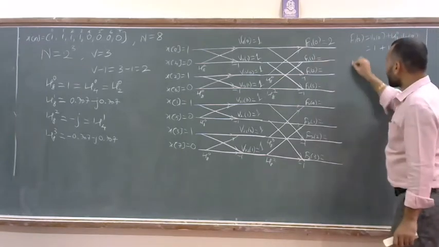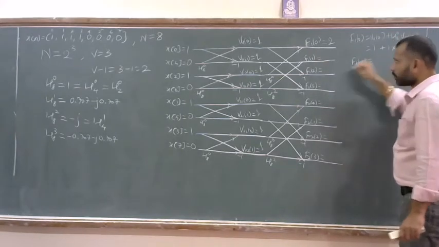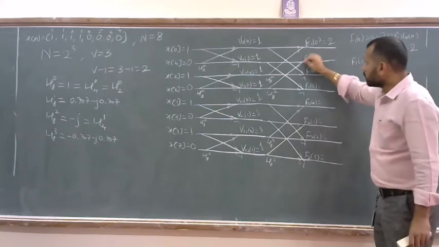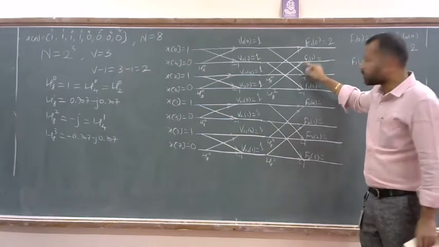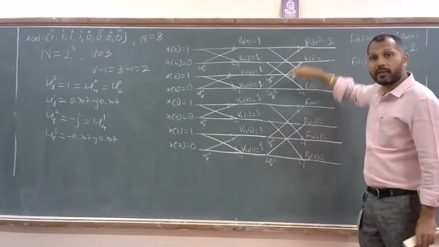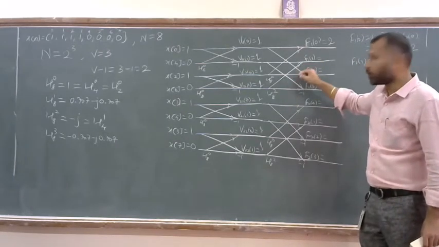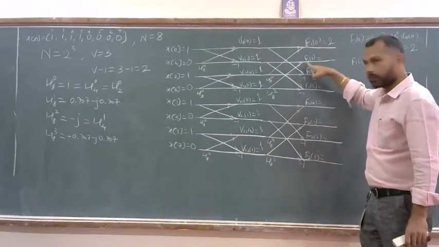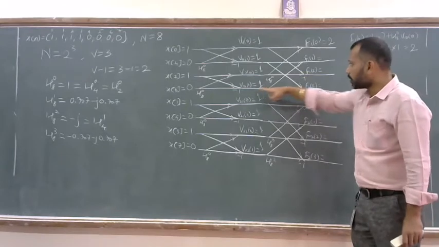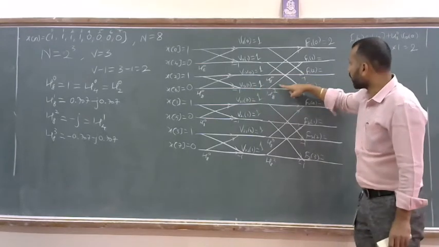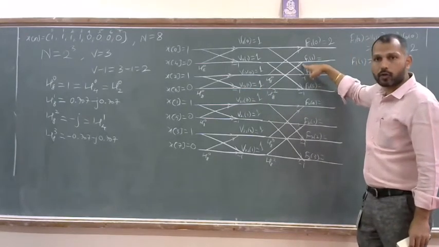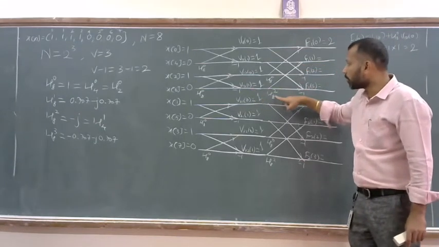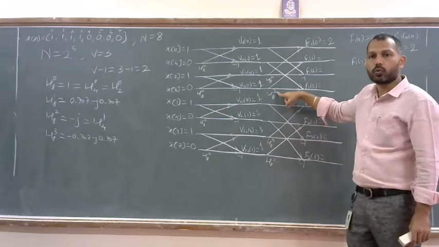And to calculate F1 of 1, this is not the bottom point now. This is the top point of the second butterfly structure here. So its equation will be V11 of 1 itself, because one signal is coming from there, and another data point is V12 of 1. We have an arrow pointing upwards to this point. So it will be V12 of 1 but multiplied by W82.